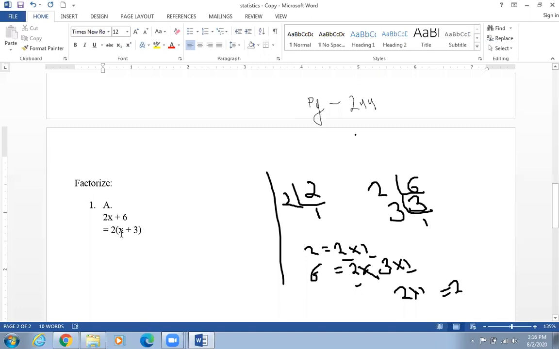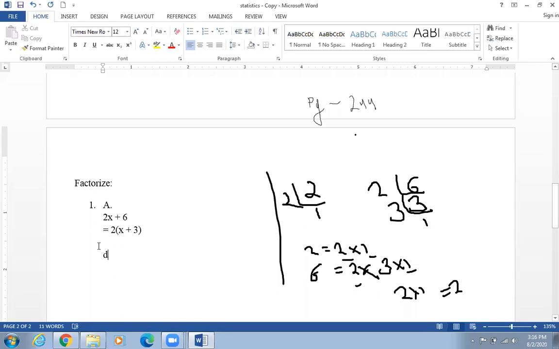So in this way we need to take common. Very simple, isn't it? Okay, let me do the next number. See the next number in your book.